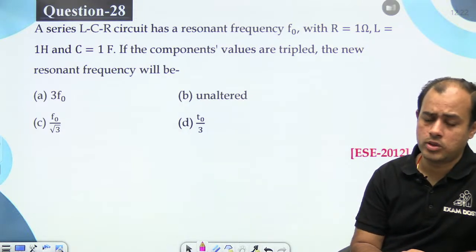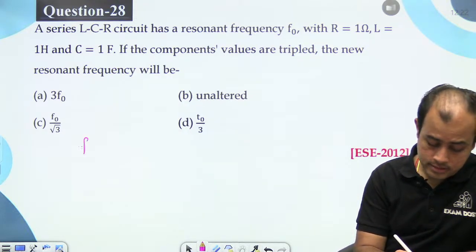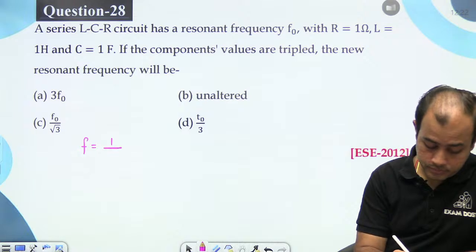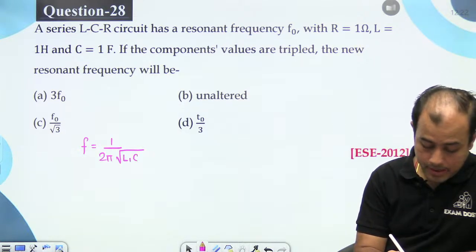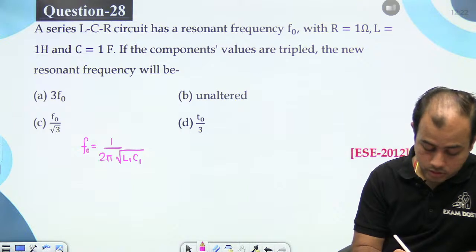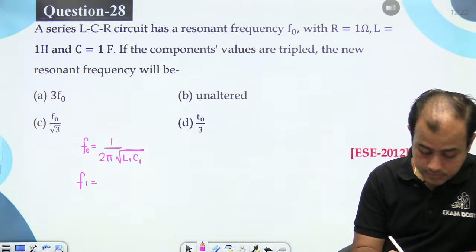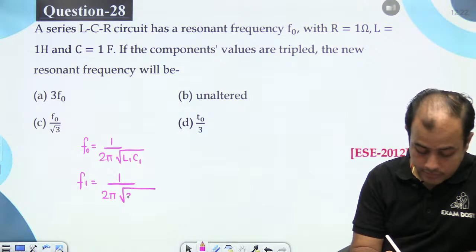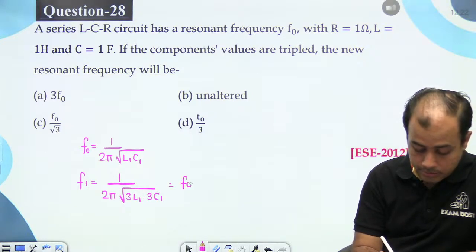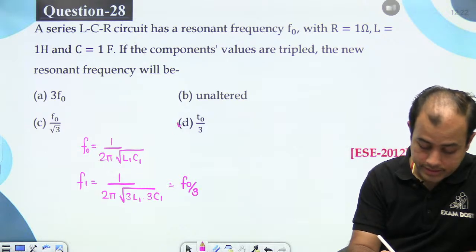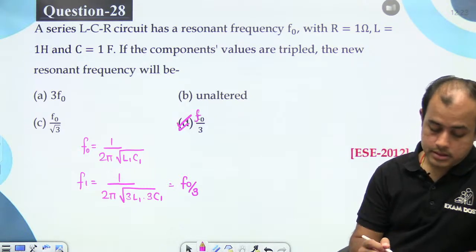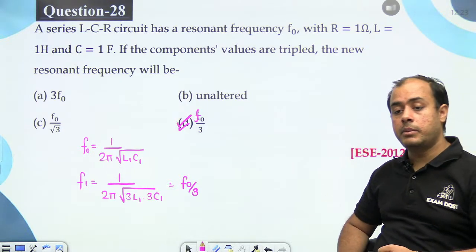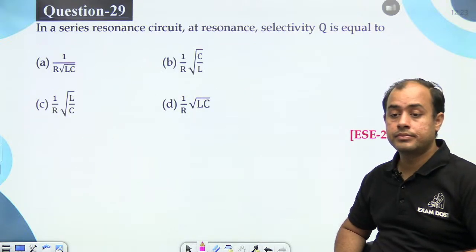So this is wrongly given. Now component values are tripled, so 3 will come out common. It is F0 by 3. Okay, 3 will come out common. It will be F0 by 3.